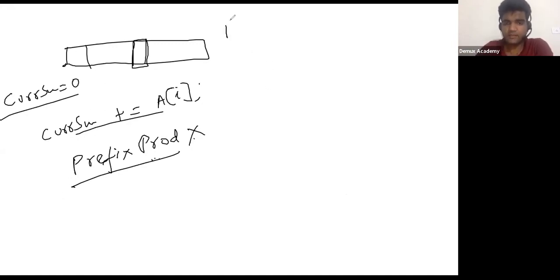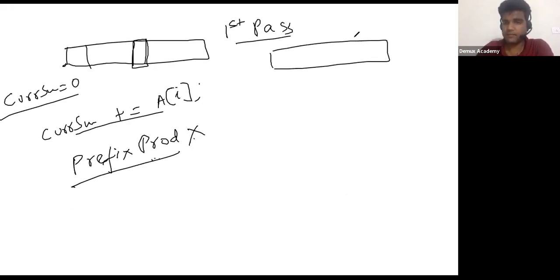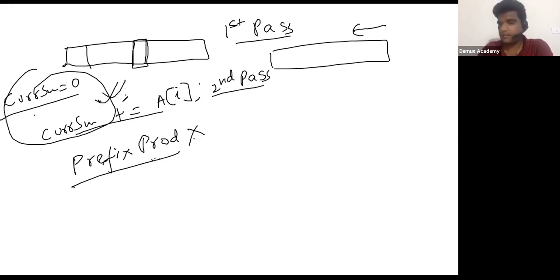So in the first pass, I will compute the suffix product by coming from the right. In the second pass, can I compute the result straight away directly by using the idea of the previous question, and getting rid of this prefix product?